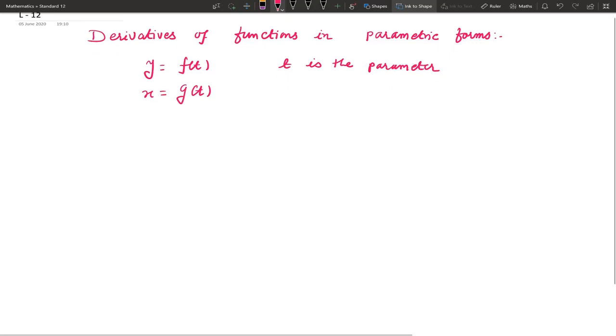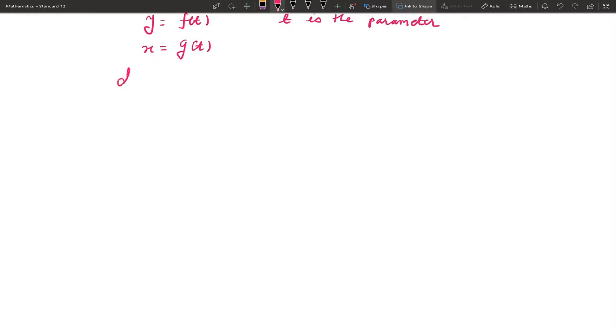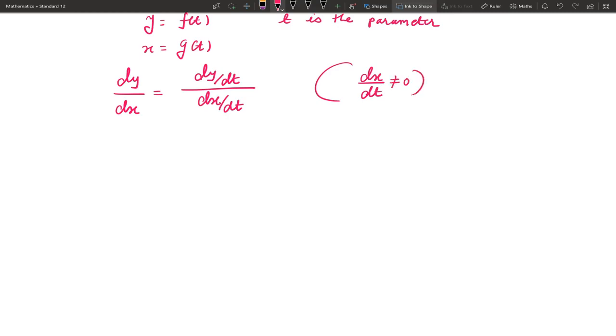So in such a case, dy by dx can be obtained using the formula dy by dt upon dx by dt, where the important thing is dx by dt should not be 0. So dx by dt not equal to 0. Here t is the parameter.